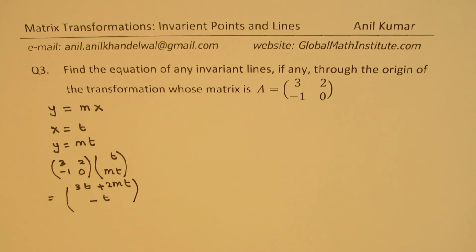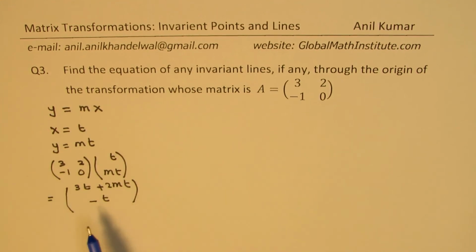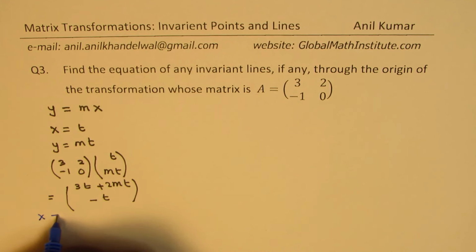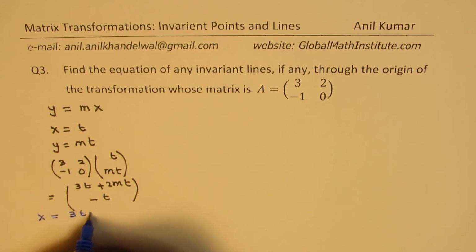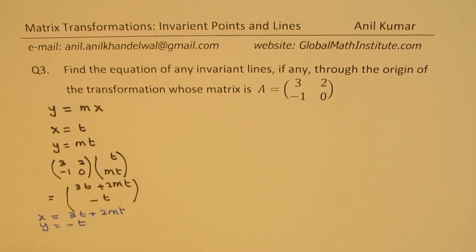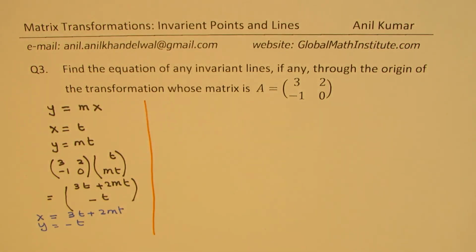That's what we get. Now, for the invariant lines, we can equate that the x value should equal 3t plus 2mt, and the y value will be minus t, correct? So we get x and y values from this particular image after applying the transformation.